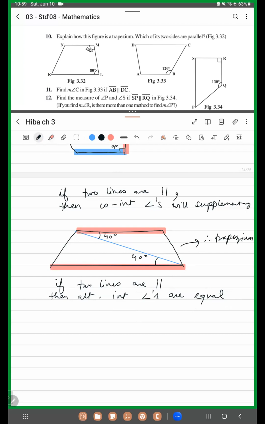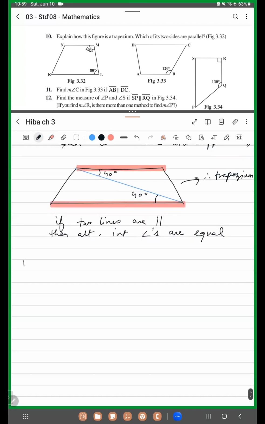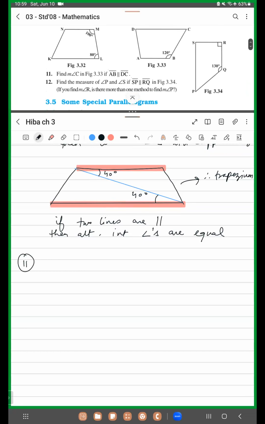Okay? Okay, I understood. I can do the 11th one as homework because I guess I know how to do it. Very good. Yes, it is very simple. They are telling us that those two lines are parallel. And what about the 12th one?